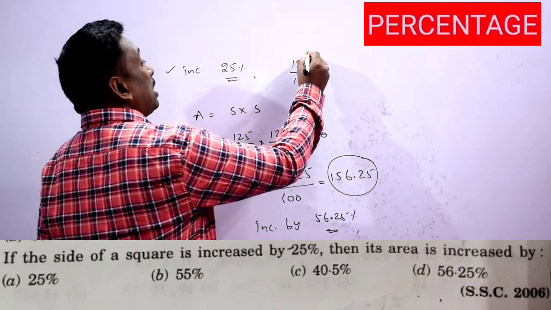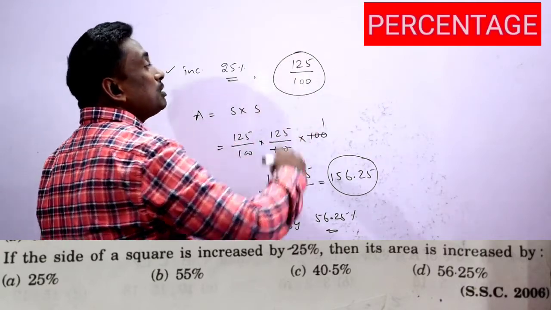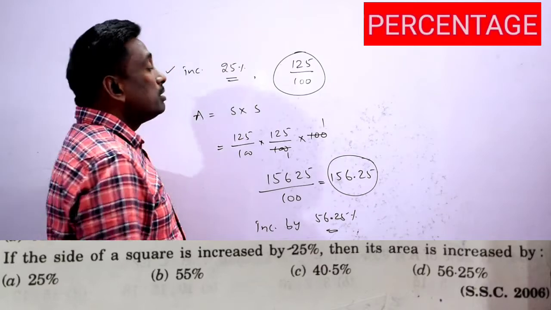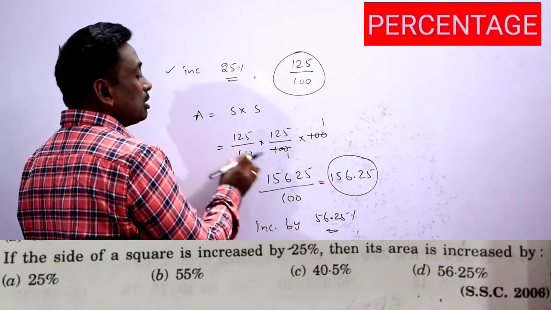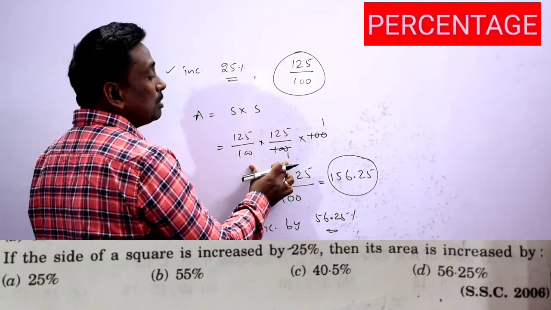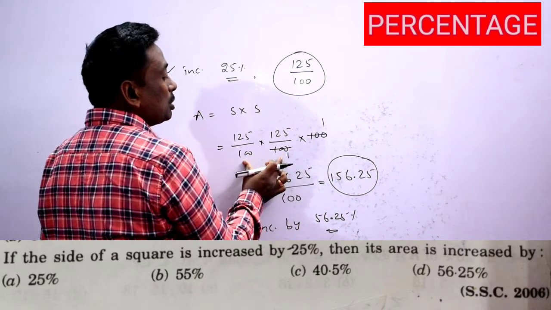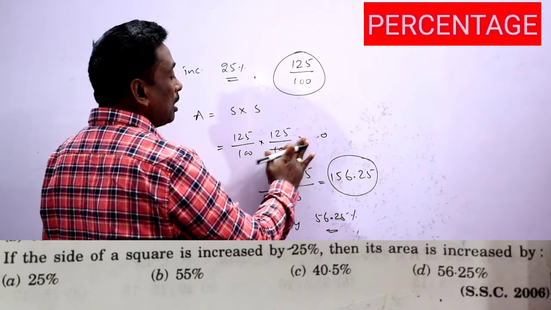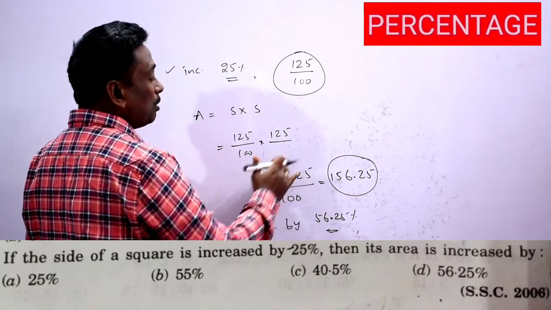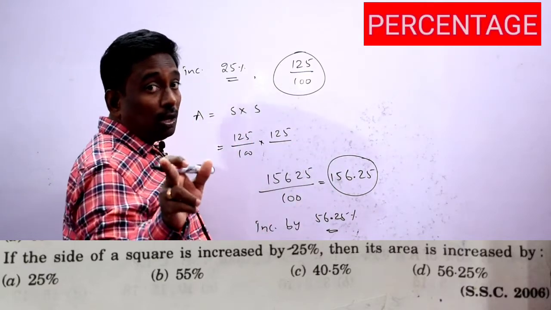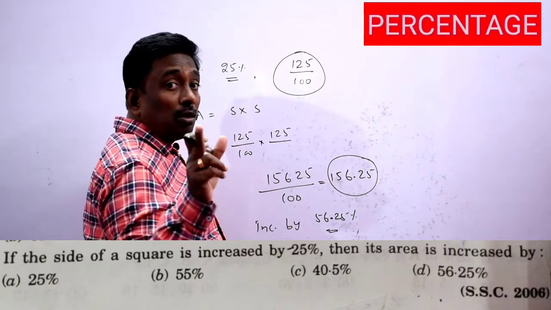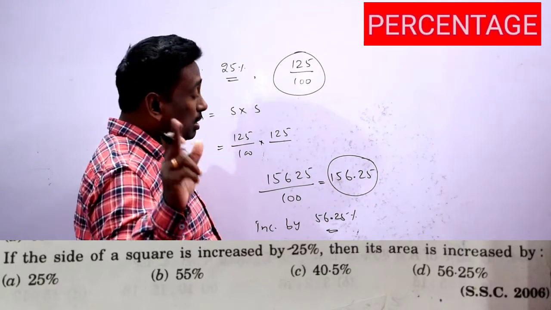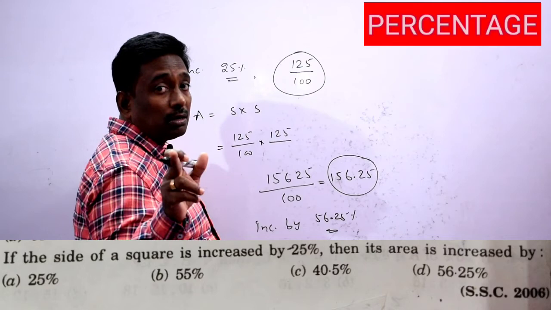Simply, side is increased by 25% means 125 by 100. Side into side gives you area. That's why I have taken this value 2 times. If you want to represent this in the form of percent, that's why I multiplied with 100. Here 100 gets cancelled. 125 into 125 shortcut is there. If you don't know this shortcut, please go through my video on squares shortcut.